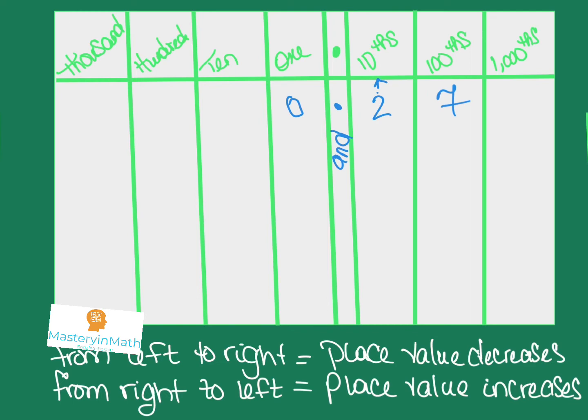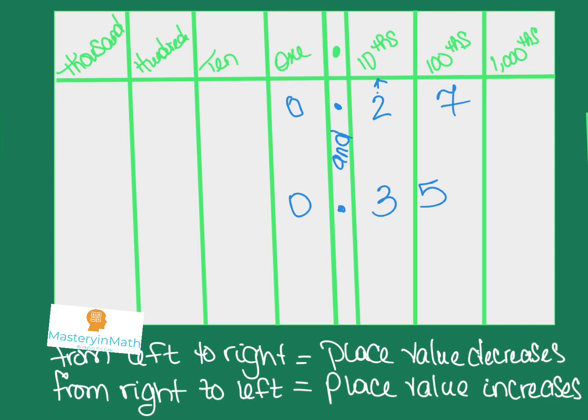Let's look at another one. What if we have this? How we would say this in word form is 0 and 35 hundredths. Or you can simply say 35 hundredths, because the 0, we can ignore it because there are no ones. You can just say 35 hundredths.